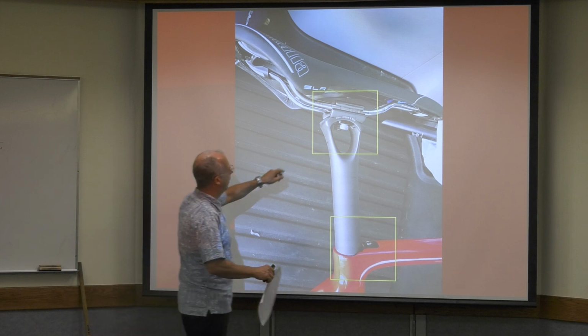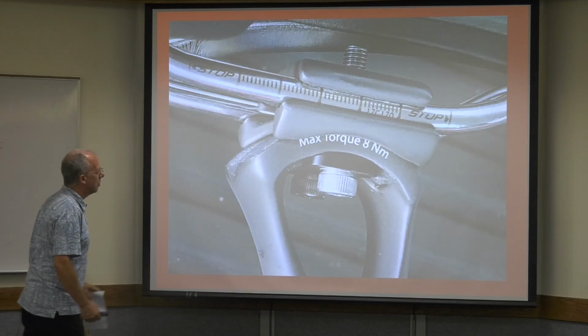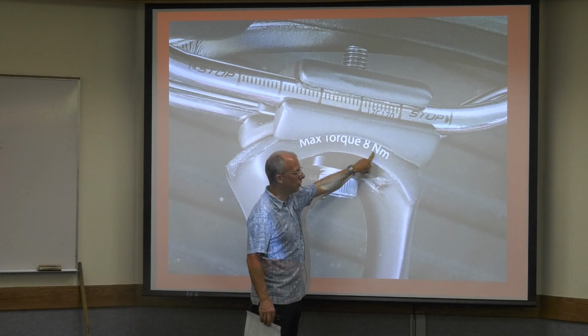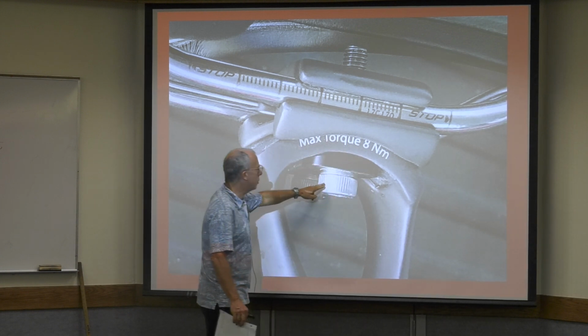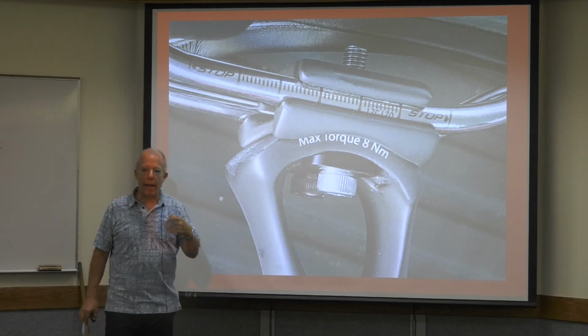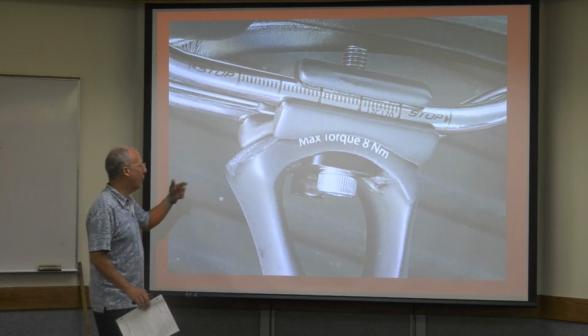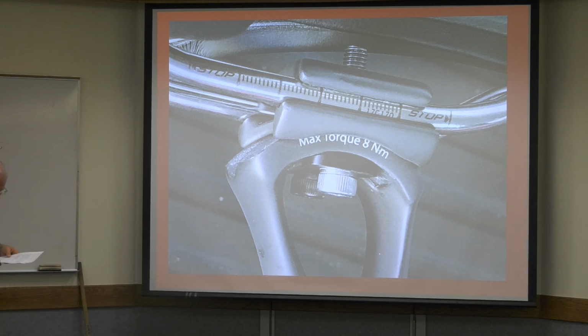I'll blow this part up. It says maximum torque 8 Newton meters. We'll talk about the units in a minute. So what does it mean? It means if you tighten this bolt, you don't want to exceed 8 Newton meters or you might break it. So that's why you use a torque wrench, so you don't exert too much torque.